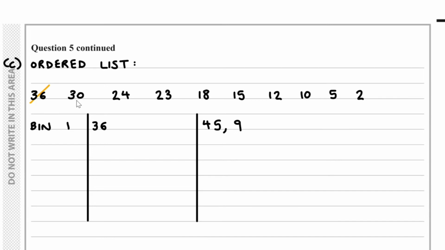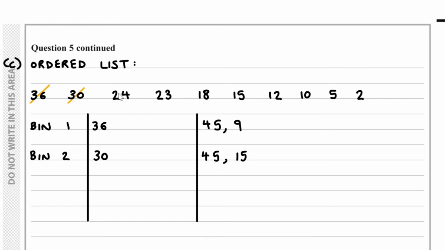I now need to place the 30 somewhere. Well, there's not enough space in bin 1, so I need to open up a new bin, bin 2, and place the 30 into it. So, when I open up my new bin, it's got space 45. When I place the 30 into it, it will have space 15 remaining. So let's cross off the 30, indicating we've used it.